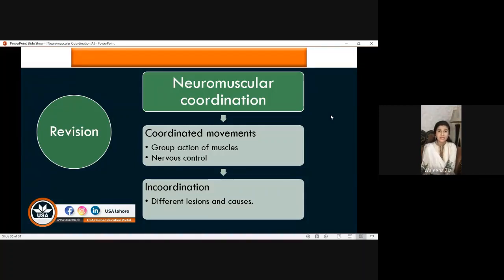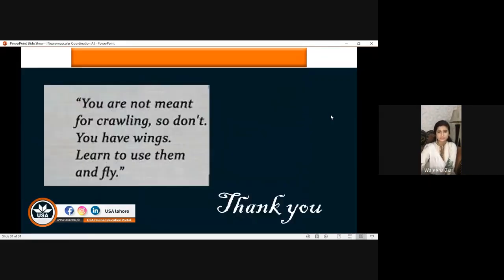In case of a cerebellum lesion, it leads to destruction of the coordination center, so it leads to ataxic or abnormal movement patterns. And the next one is sensory ataxia, which leads to loss of sensations, and the patient will not be aware of the body position and the right amount of contraction and relaxation required for the movement.